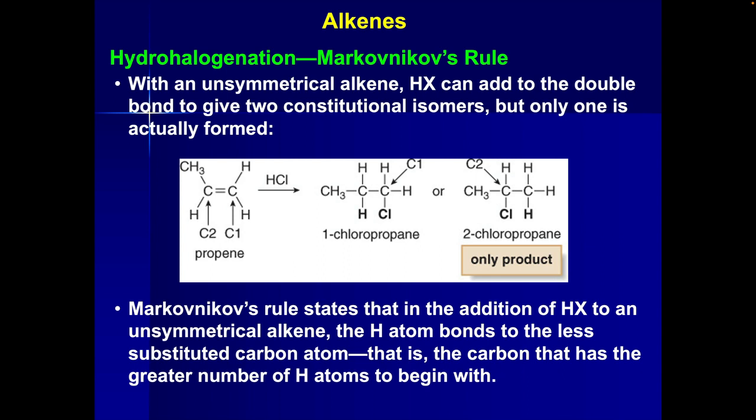So this one gets the hydrogen, and you end up with 2-chloropropane. Right? There were already 2 other hydrogens located there. So again, I'll asterisk that one to be that hydrogen. You need to know the definition of Markovnikov's rule. Okay?